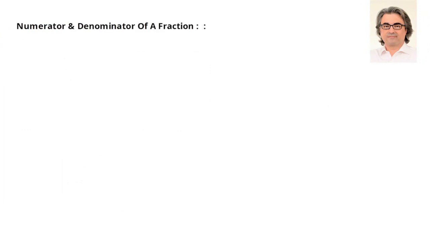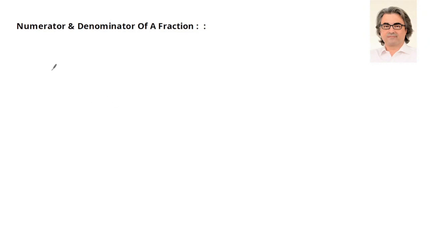Now, of course, for a fraction, I have some terminology. Here, numerator and denominator. If you have a fraction, numerator and denominator are the most important terminologies, or words for a fraction. You should know the numerator and denominator of the fraction.